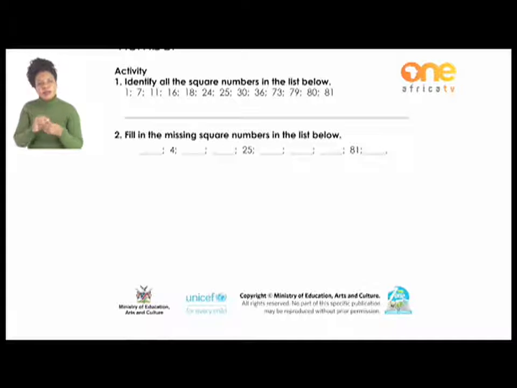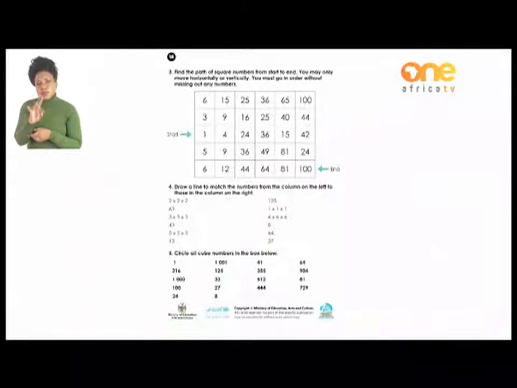The second question is to fill in the missing square numbers in the list below. There's a list there, there's a space, and there's 4, there's a space, there's 25, 3 spaces, and then there's 81 in the last space. You must write. We go to page 18 of our booklet with the third question, which is to find the path of square numbers from the start to the end.